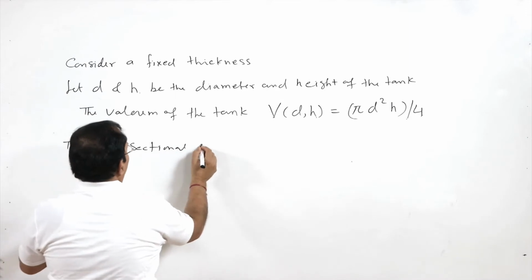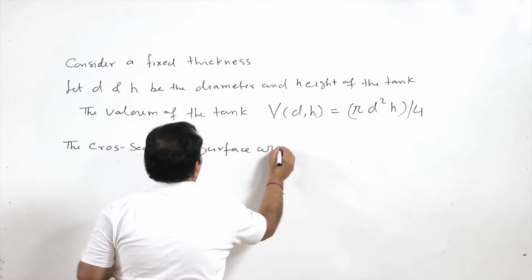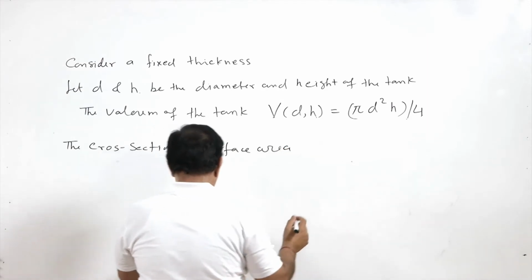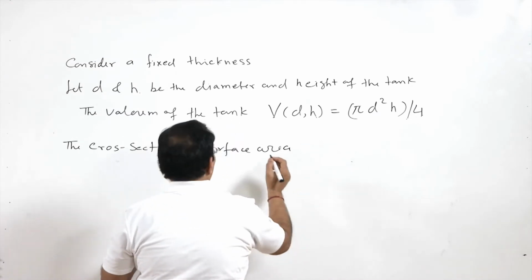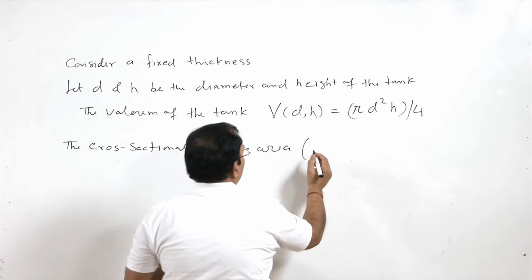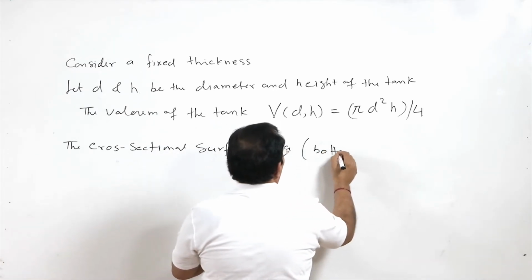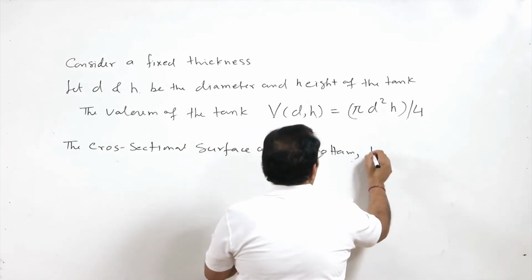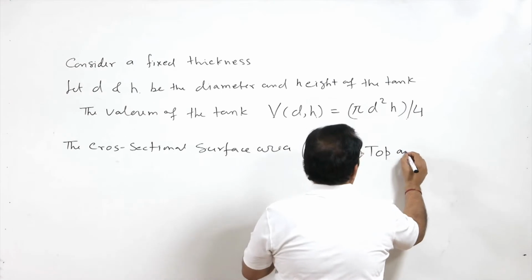The cross sectional surface area of the tank will be, now what is the cross sectional surface area, it will have the bottom, top and the sides.